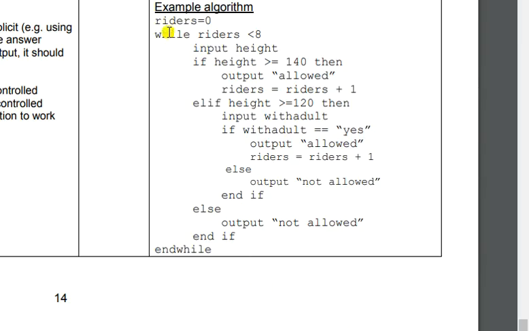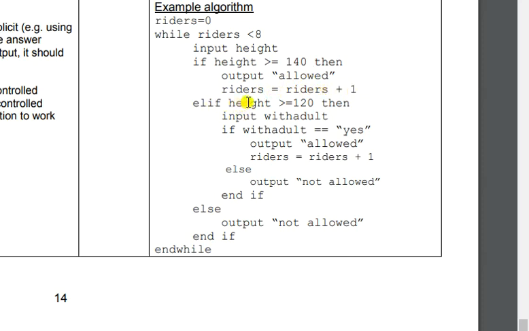So when we look at this algorithm, we are given that riders is equal to 0 because initially there are 0 riders. Then we will count until the riders eventually become 8, and only then should the program stop. Then you would read the input height from the user. If the height is more than 150 or equal to 140, then we will say the rider is allowed, and we will increment the number of riders by 1.